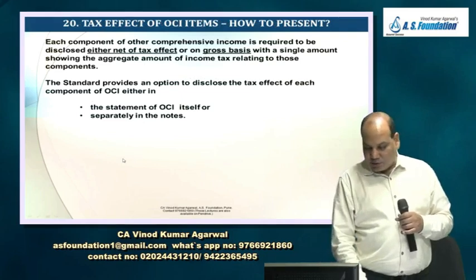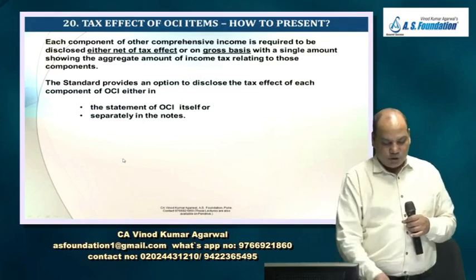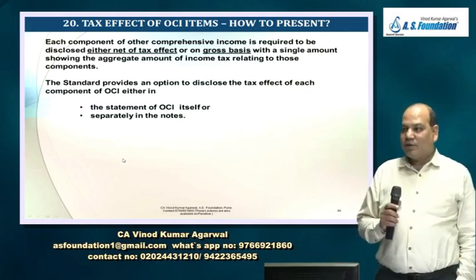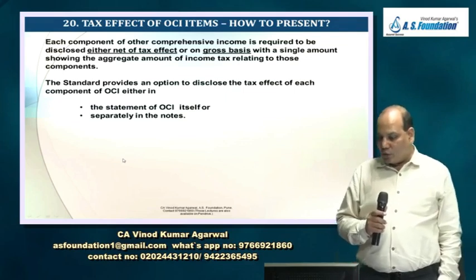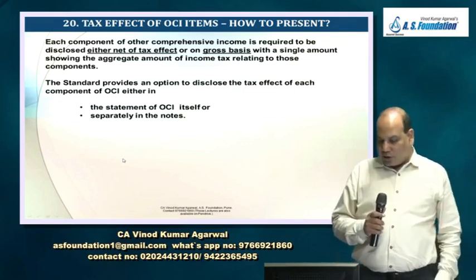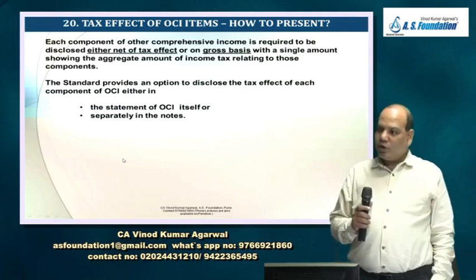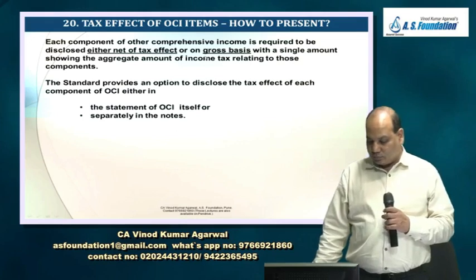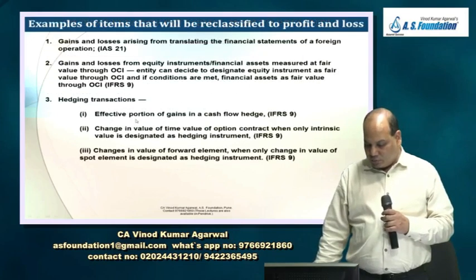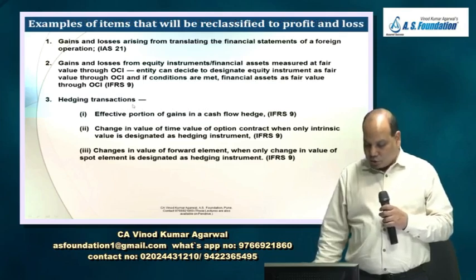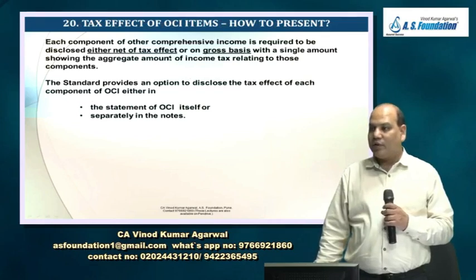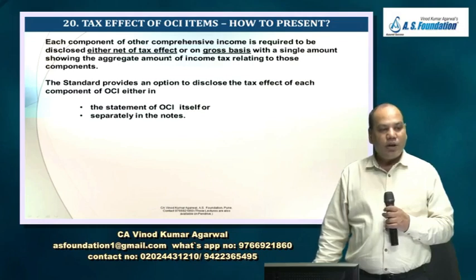Now next is the presentation of tax effect of OCI items. OCI items also will have tax effect. How to present? Again there are a few choices given here, and accordingly you will follow. Each component of OCI, these are component 1, 2, 3, whatever, according to your company, is required to be disclosed either net of tax effect or on a gross basis.